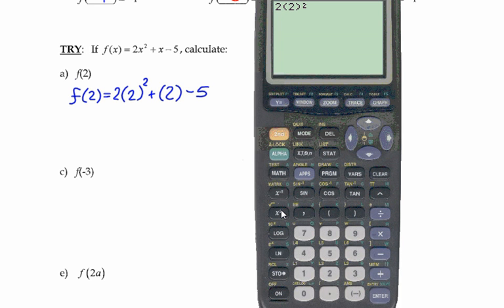So 2 times 2 squared plus 2 minus 5 equals 5. Or the other way we can type it in is we store x, so 2 stores x, and then type in 2x squared plus x minus 5. Both would work. So f of 2 equals 5.